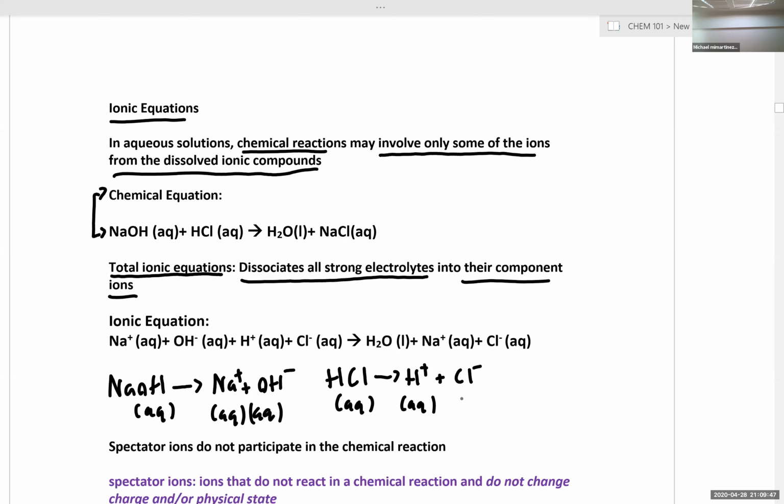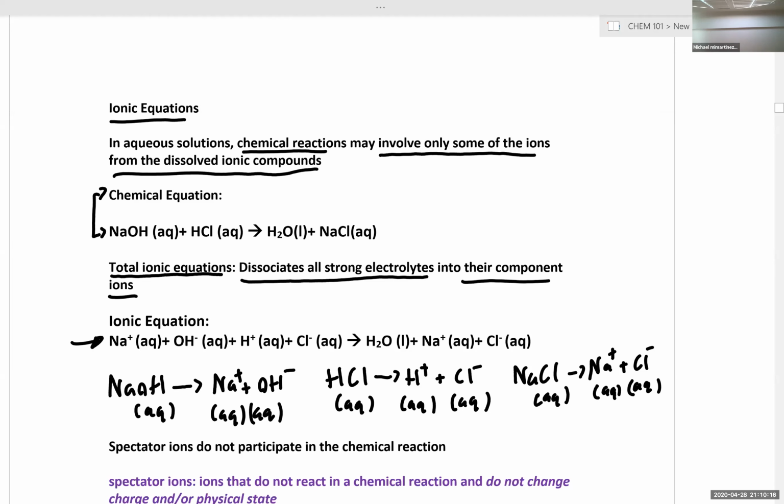I'm putting the aqueous symbol throughout because you really want to be careful with your state symbols. Our sodium chloride, we also dissociated to yield sodium plus and Cl minus. And after breaking down each of our ionic compounds, we wrote out all of our ions into our ionic equation.